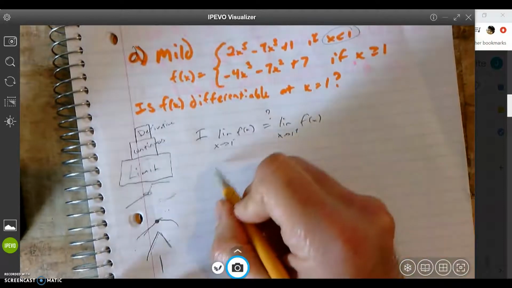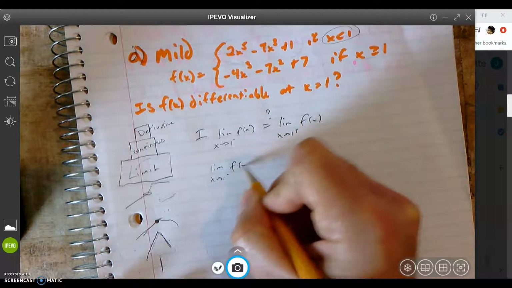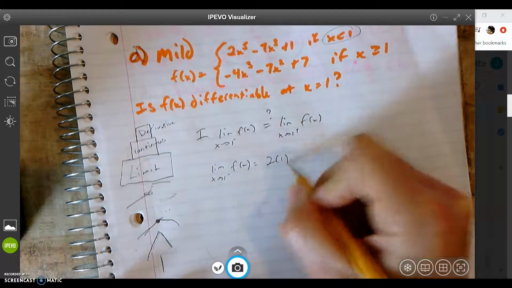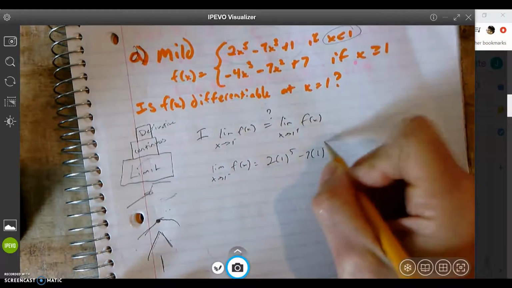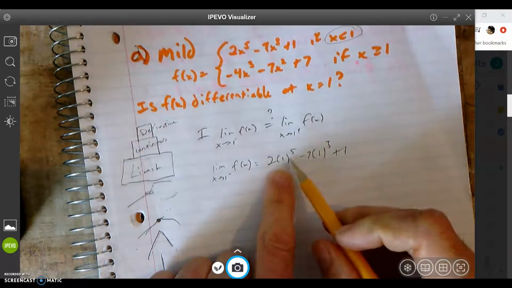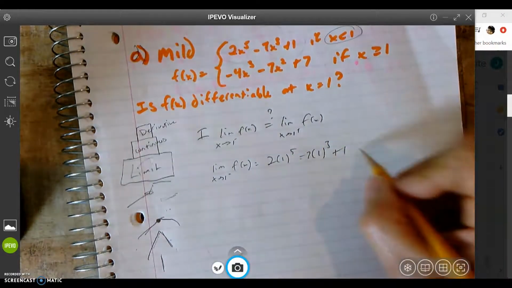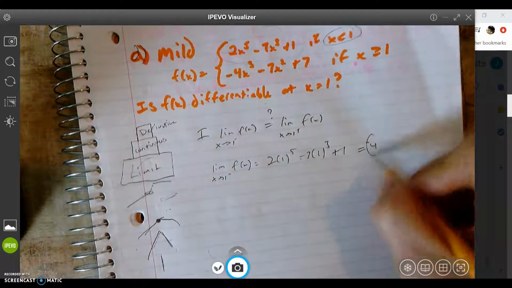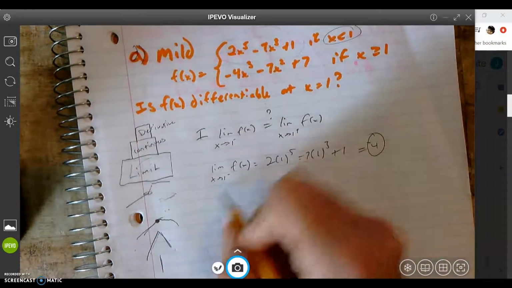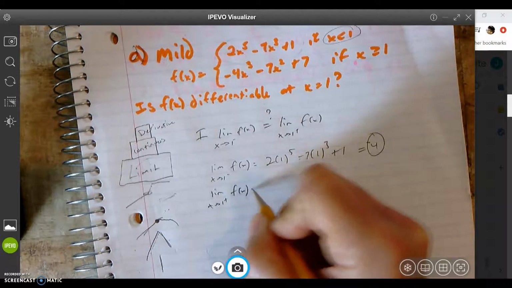That is 2 times 1 to the 5th minus 7 times 1 to the 3rd plus 1. 1 to the 5th is just 1, so it's 2 minus 7, which is negative 5, plus 1, which is negative 4. Cool. All right, so the limit as x approaches 1 from the right of f of x.